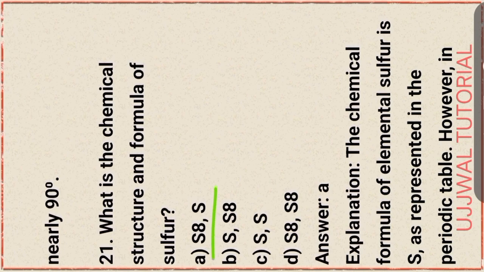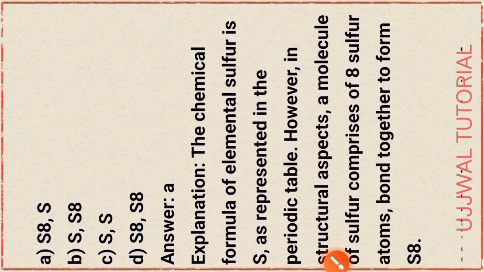Okay. To explain this part, the chemical formula of sulfur is S, as represented in the periodic table. Whereas in structural aspect, a molecule of sulfur comprises 8 sulfur atoms bonded together to form S8.